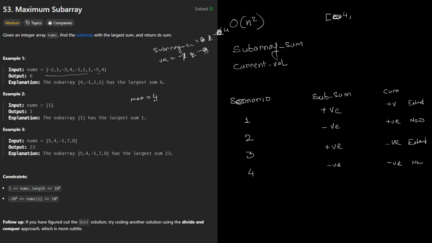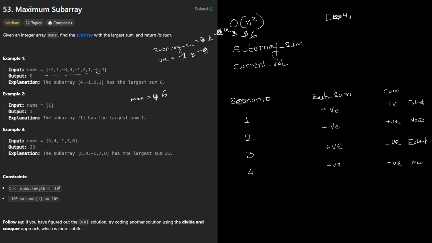So current max would be 4. Then we are getting -1, so let me reduce it to 3, because the current sum is greater, so we will add it. Then 2 will make it 5. Then we are getting 1, so we can add it to make it 6, and we also keep on updating the max value.